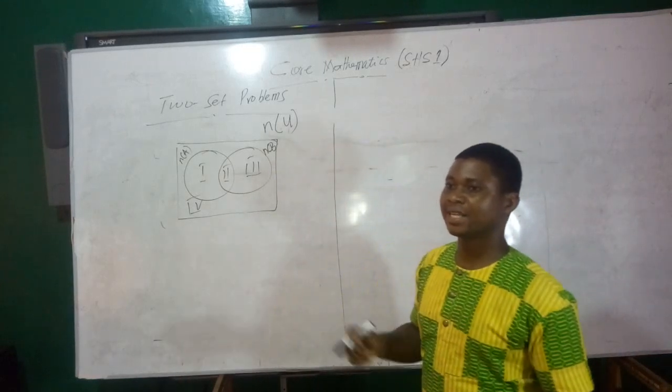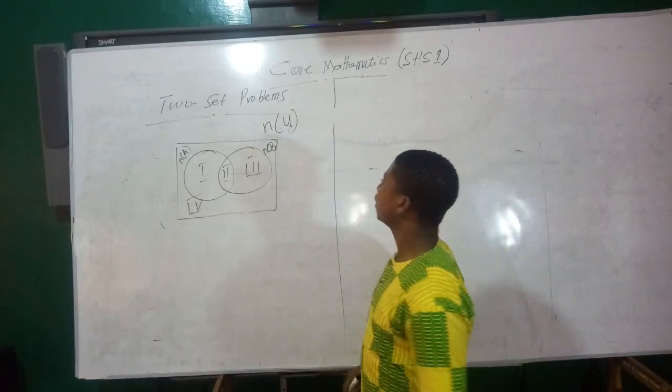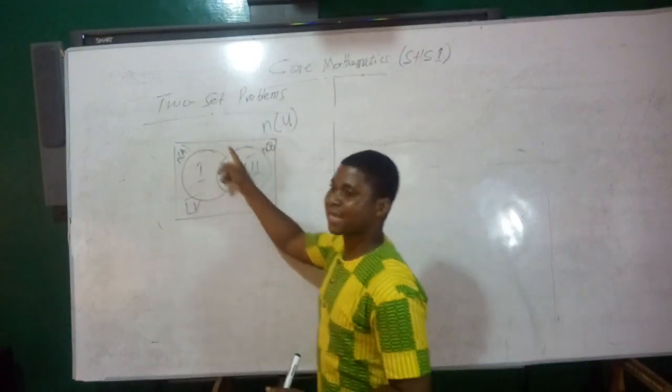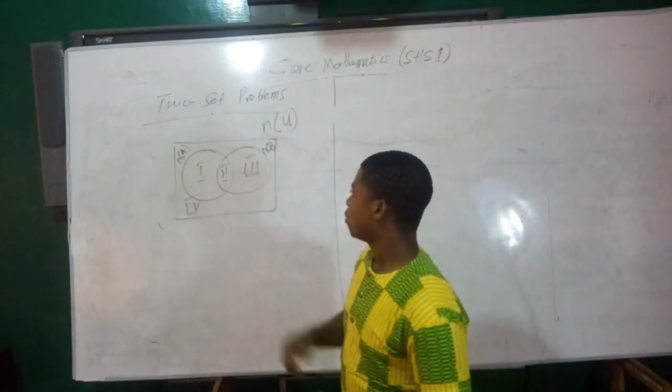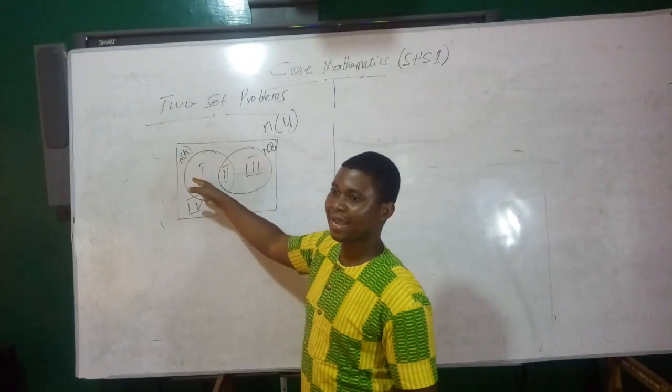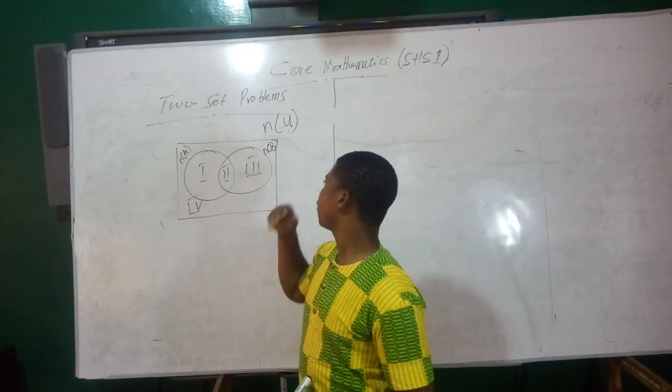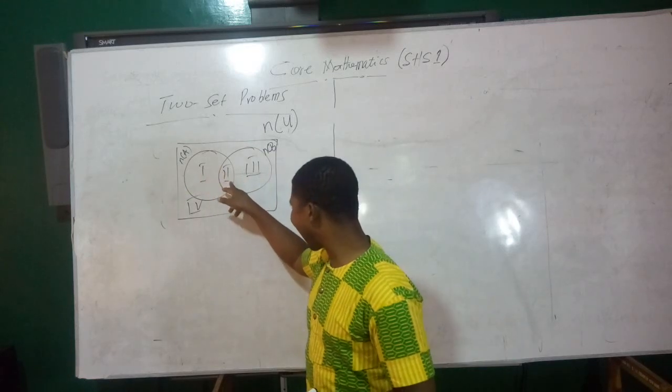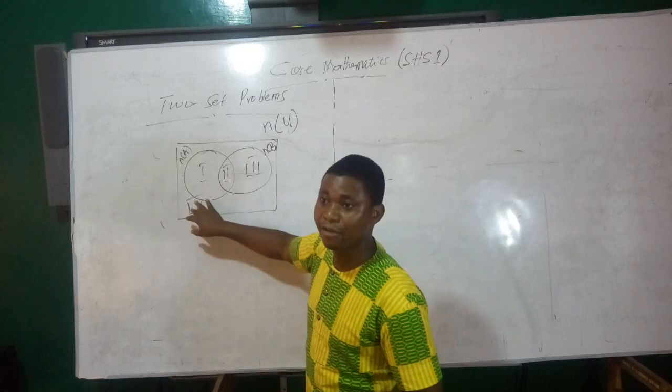then IV. So these are the Roman numerals that we are going to use for this. Now if you look at the set A, we have I and II. With the set B we have II and III, and we have the IV under that.